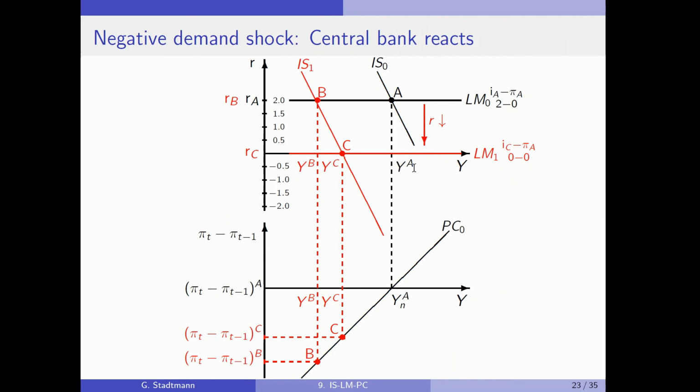The economy has not reached the same GDP level as in the previous equilibrium. This also implies that the economy is still in a phase of deflation. So inflation rates are negative.